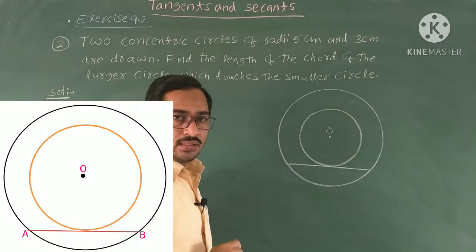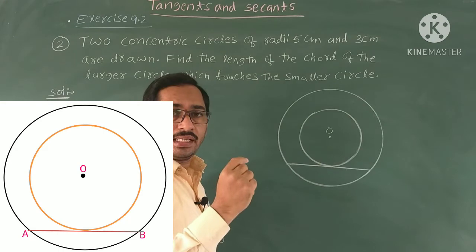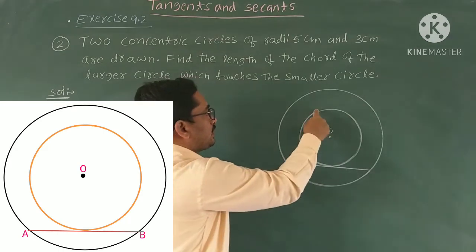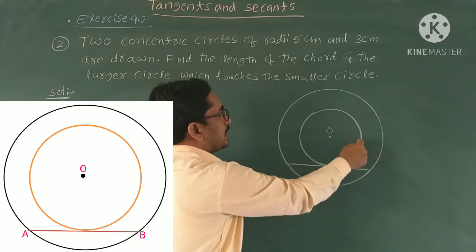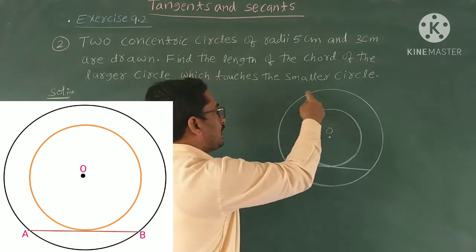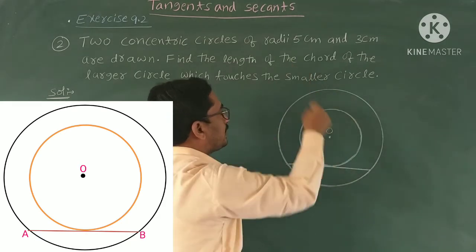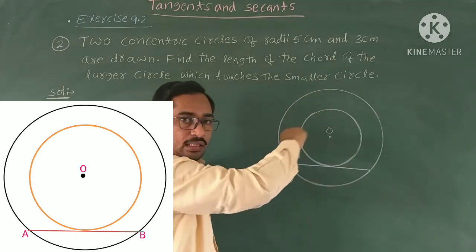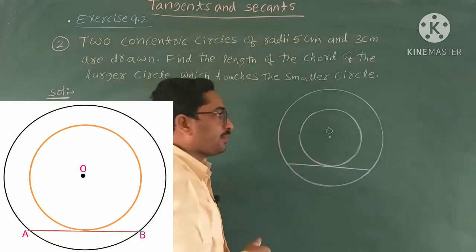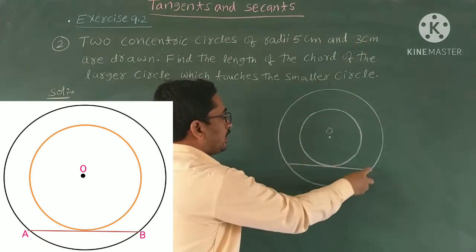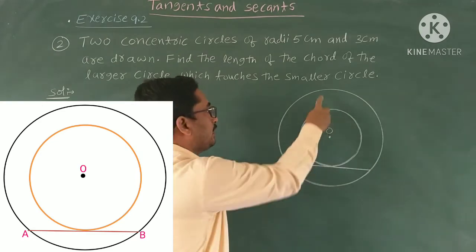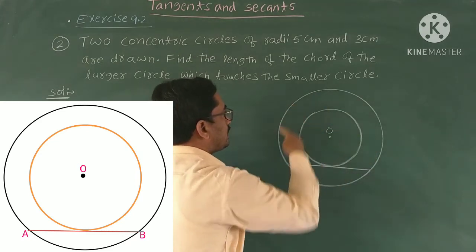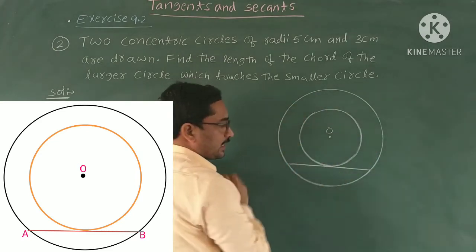Concentric circles means the center is the same, but the radius is different. The first circle has radius 3 centimeters and the second circle has radius 5 centimeters. And this is a chord of the larger circle that touches the smaller circle.